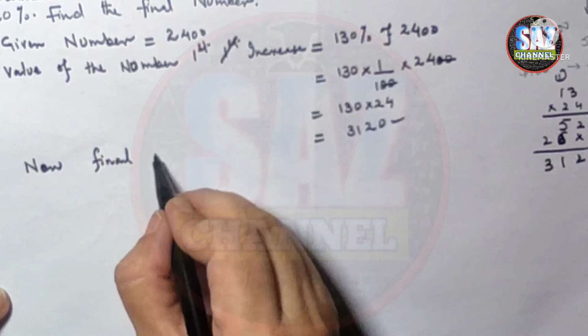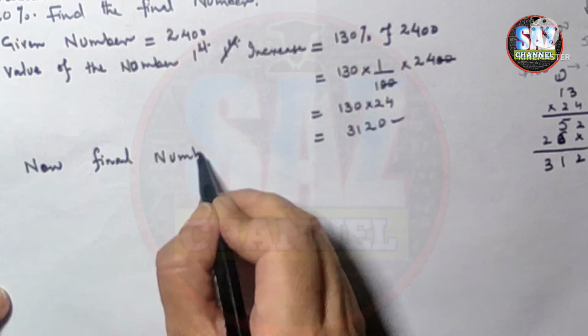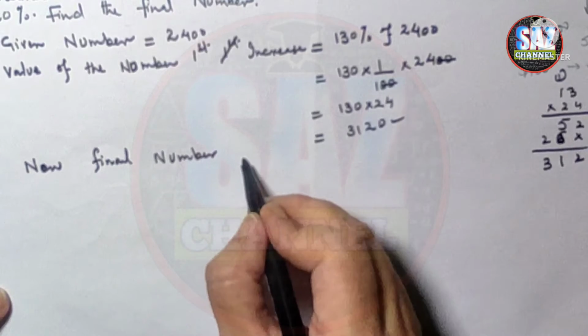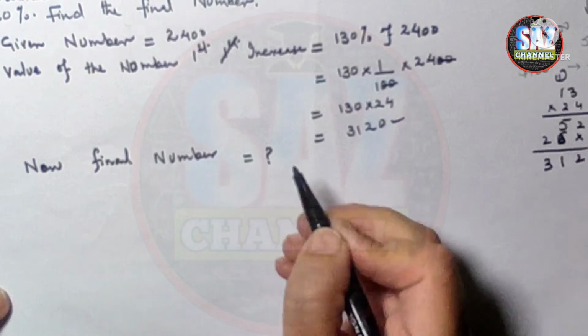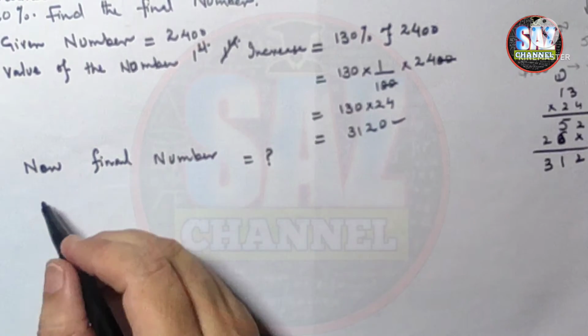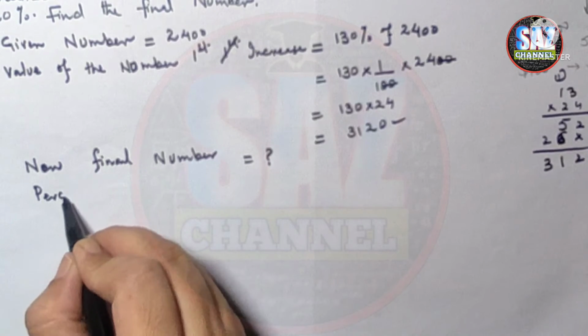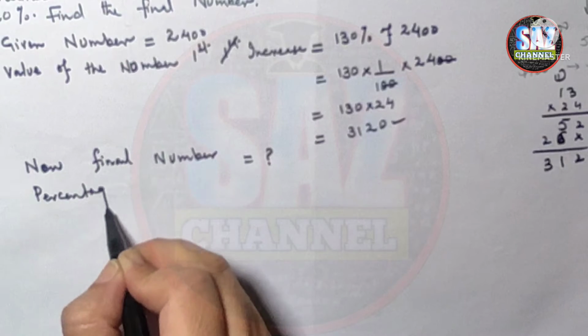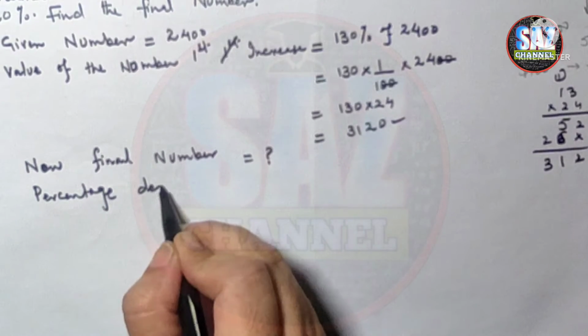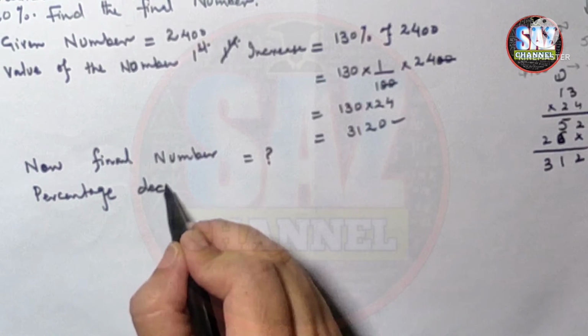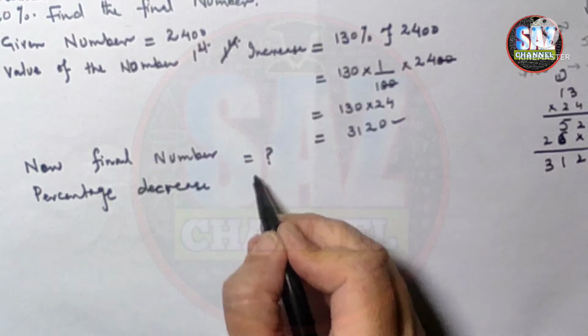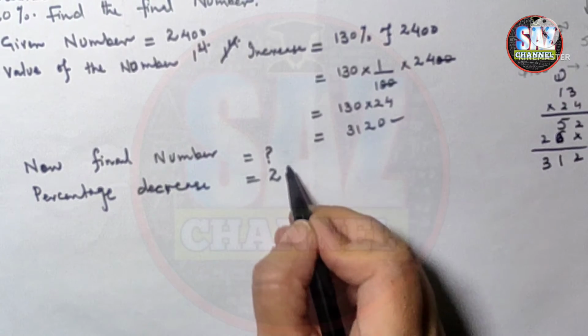Now for the final number, the number is decreased by what percentage? 20%. Okay, so the percentage decrease is 20%.